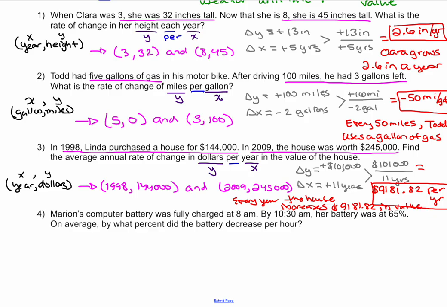So again, this is the unit rate because it's per 1 year. We know that in 11 years, it increased by $101,000. But I wanted to know how much does it increase every single year to get to that $101,000.